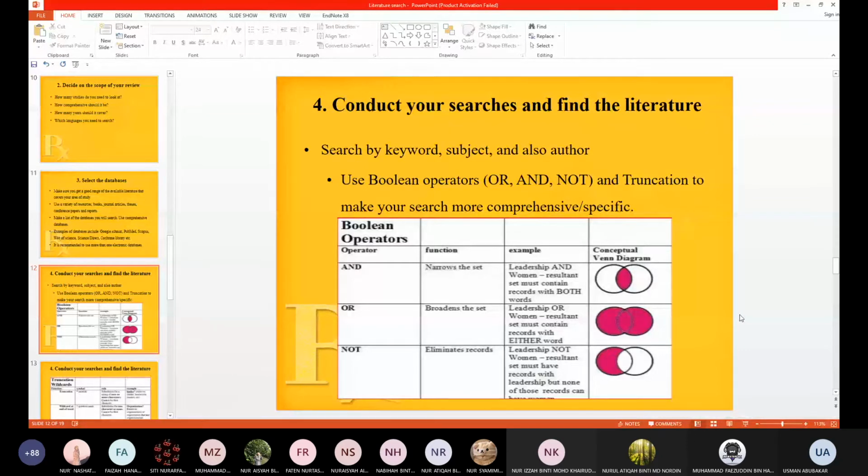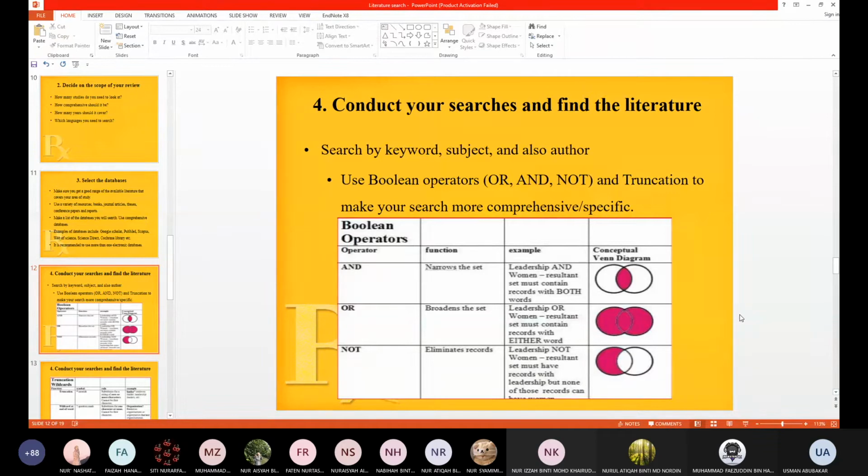The last one you can use is also NOT. NOT is for you to eliminate unnecessary records. It is not so commonly used, but depending on your situation and what study you want to do, you may need to use it if it applies, in order to screen and reduce the volume of literature that will be at your disposal, thereby saving you time to conduct your review.